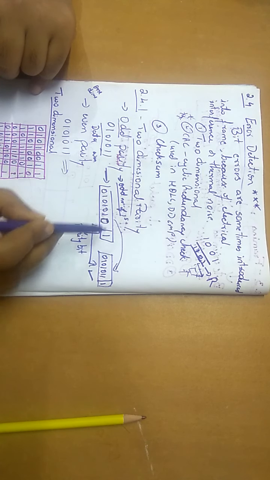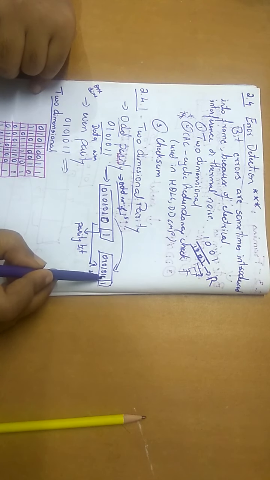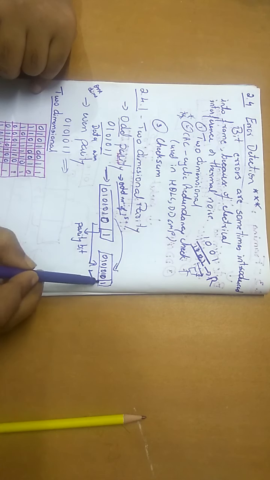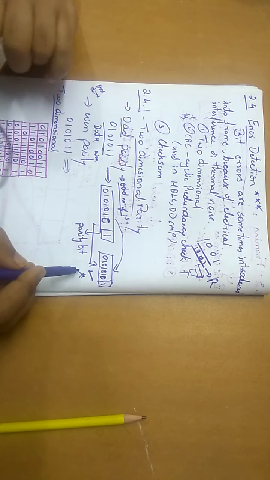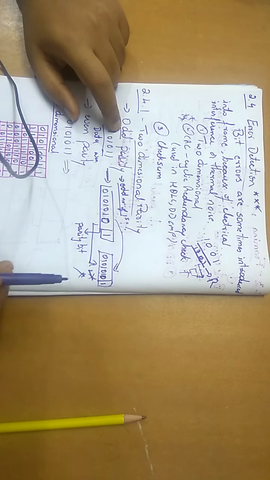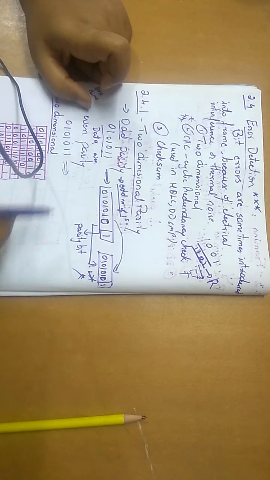At the receiver side it will be a 0. It will count how many ones are there: 1, 2, 3, 4. Four ones are there, which is not acceptable. Why? We are in the odd parity, so when there is an even number of ones, it will be discarded.